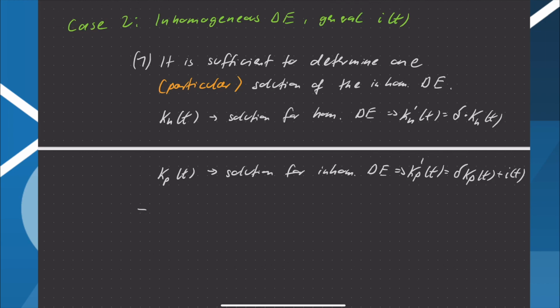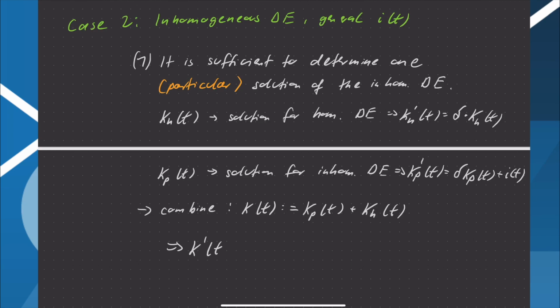So if we combine those two, what happens? So what we do is we set k of t to kp of t plus kh of t. Then what is the derivative of k of t?